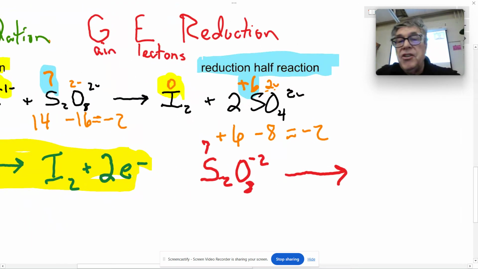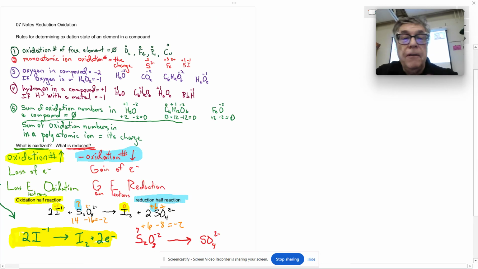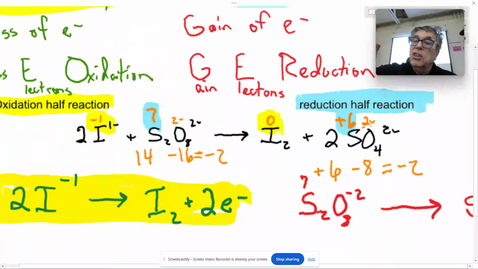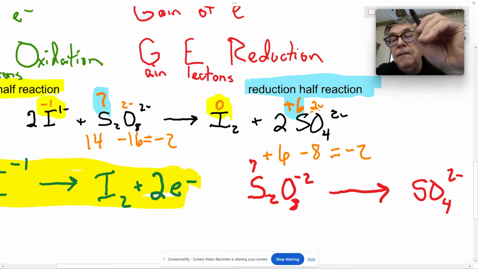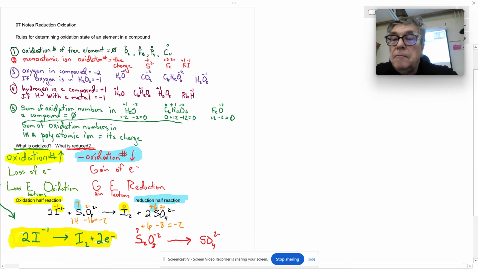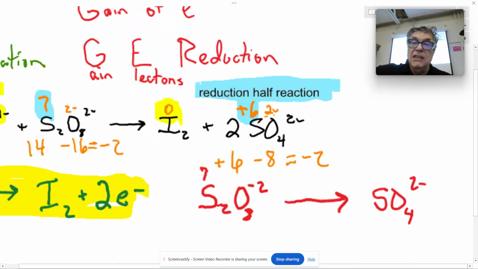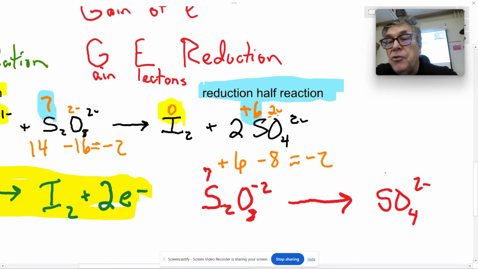It changed to SO4 2-, where the sulfur changed to an 8. No, it didn't. What did it change to? 6.